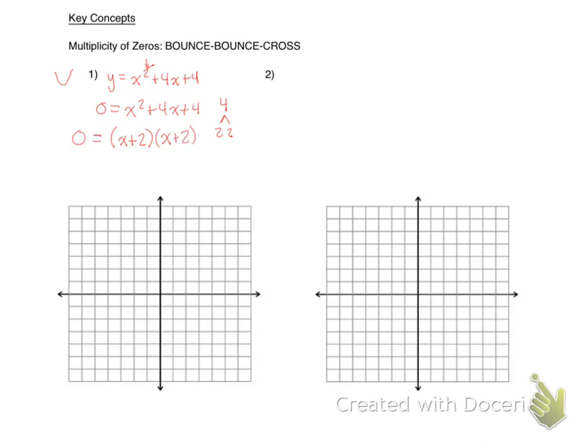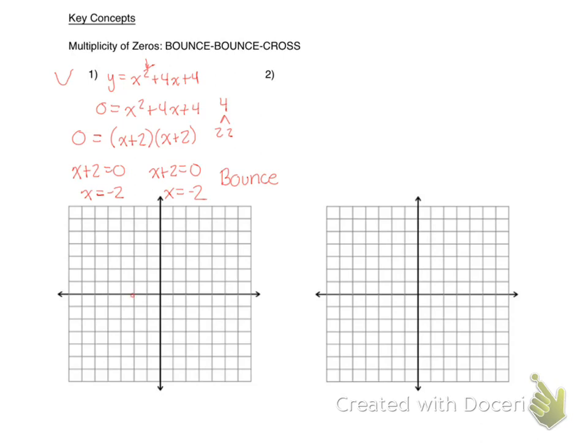You set each of those factors equal to 0, and you get x equals -2 twice. This is what we call a bounce, because the multiplicity is even, it bounces off the x-axis.